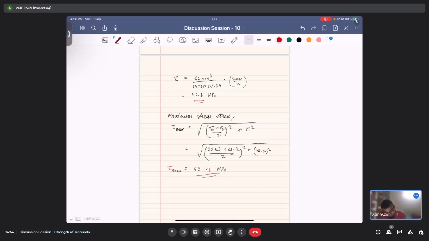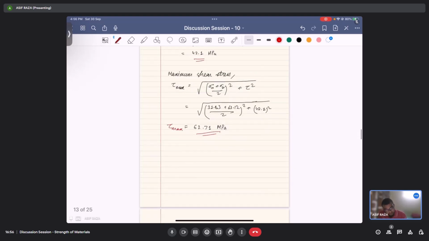The next, now maximum principal stress. For maximum principal stress, sigma 1 would be equal to sigma A plus sigma B by 2 plus minus, I'll just write this one as tau max.